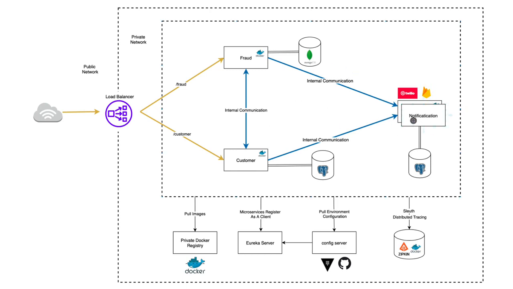And even worse, let's say that we need to perform an upgrade on notification. We found a bug, and in the meantime, a bunch of requests are coming through. If we get rid of notification, then the entire call from here to customer, fraud, and notification, with 0 instances, will fail.